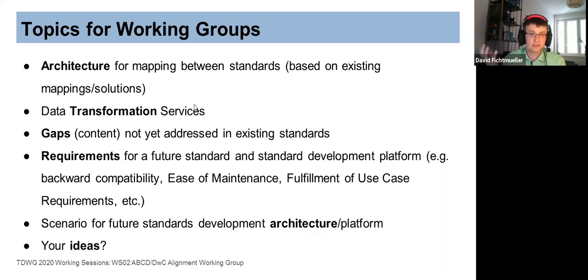So those are just some thoughts we had in this regard. There are certainly more, and so a group might be interested in working on those requirements. And this is the one that Wouter already mentioned previously. So what is our scenario for future standard development architecture, standard platform?